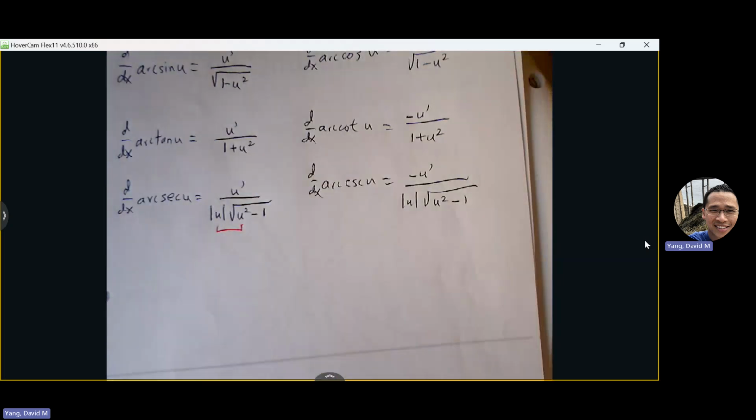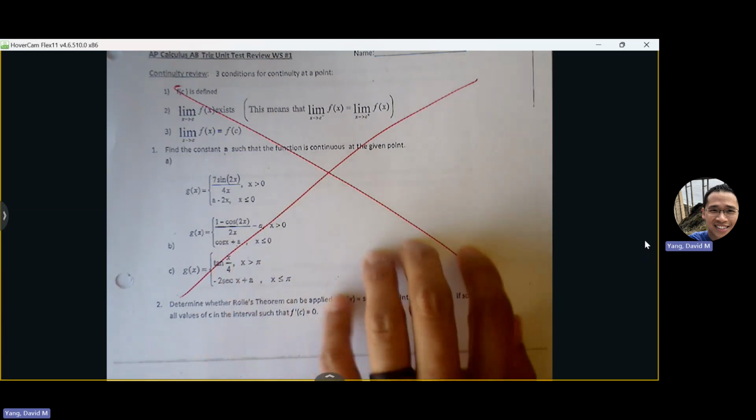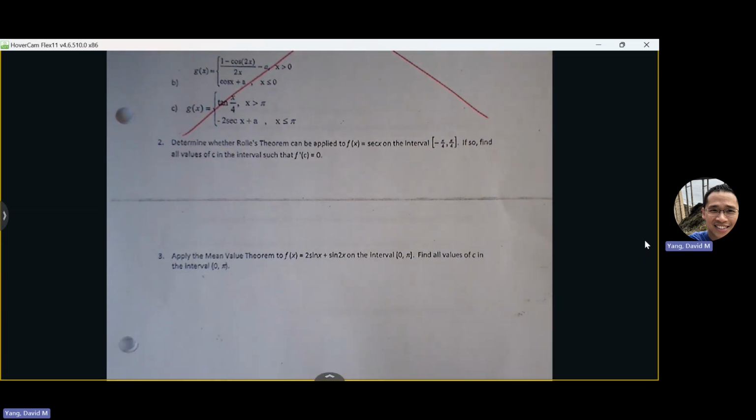All right, let's go to page 1. We're going to skip limits, so I'm not going to put limits on the test. Let's go to number 2. Determine whether Rolle's theorem can be applied. Rolle's theorem is just a variation of mean value theorem.